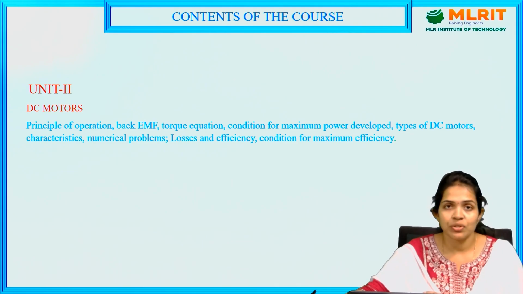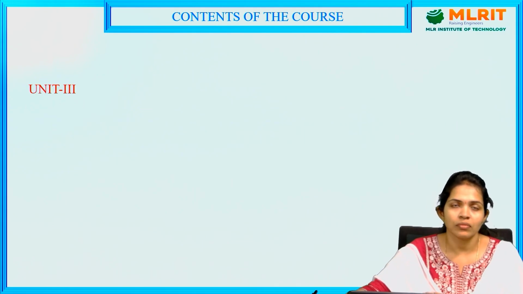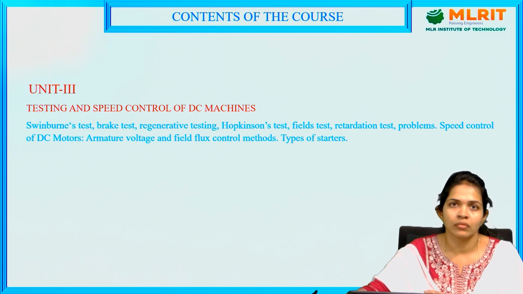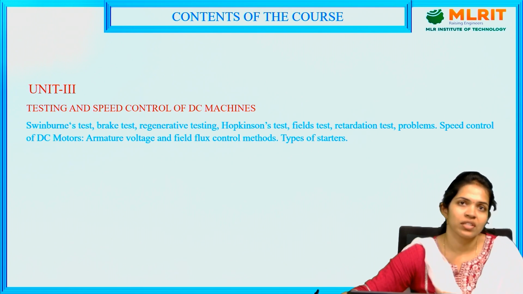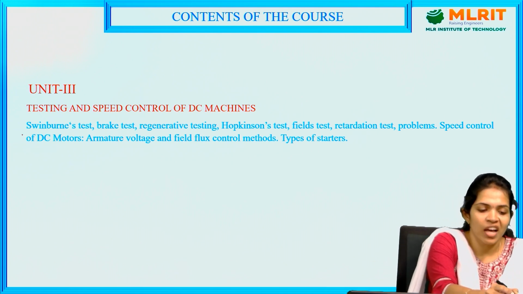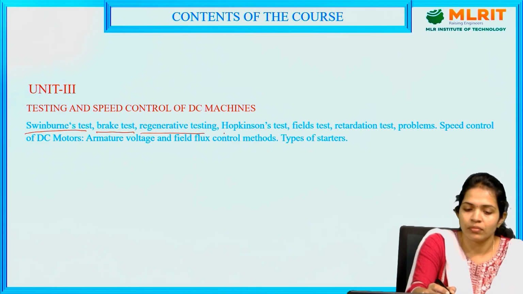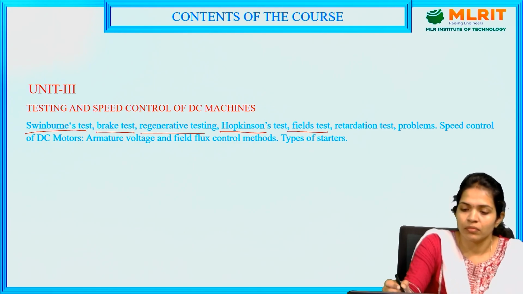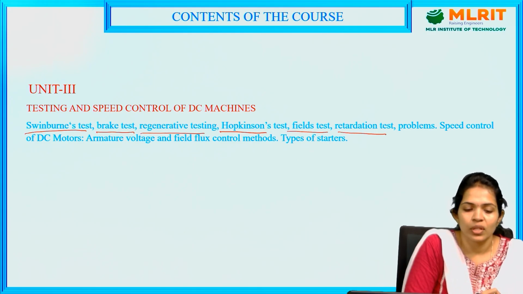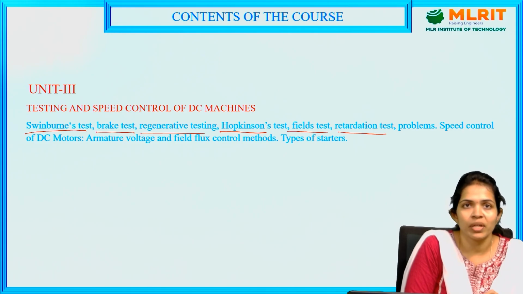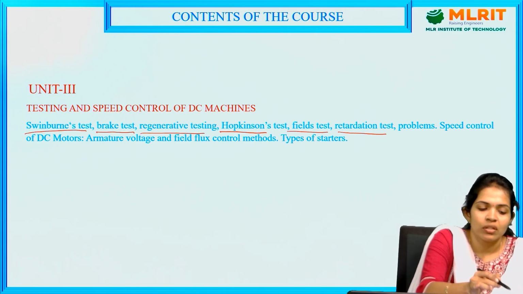Moving on to the next unit, unit 3: testing and speed control of DC machines. So we have different methods of testing here. These are the 6 types of tests which will be conducted on the DC machine.